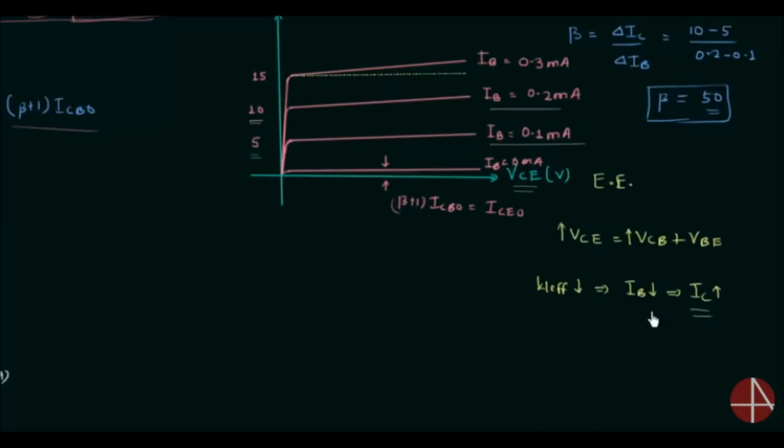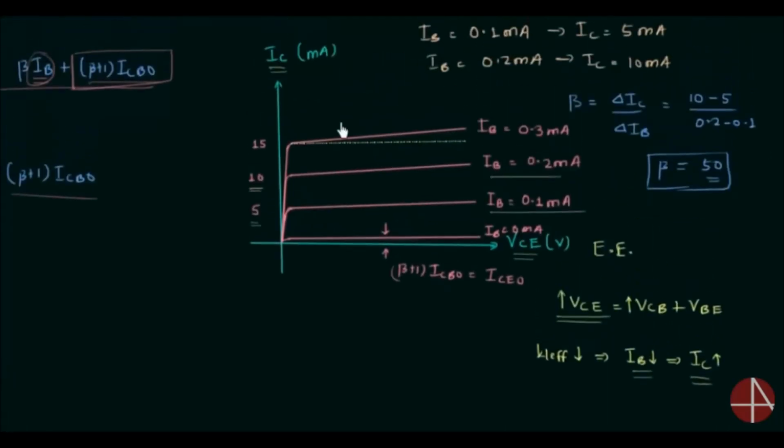So collector current will increase and base current will decrease on increasing the output voltage VCE. So the collector current not only depends on the input current IB, it also depends on the output voltage VCE.